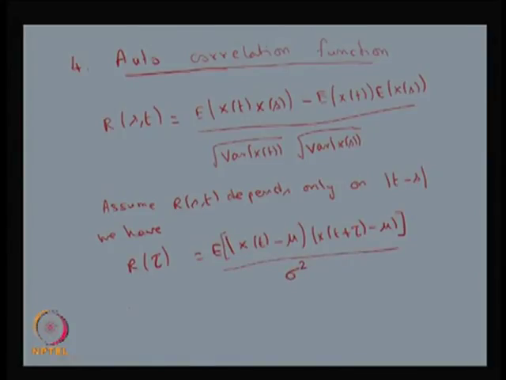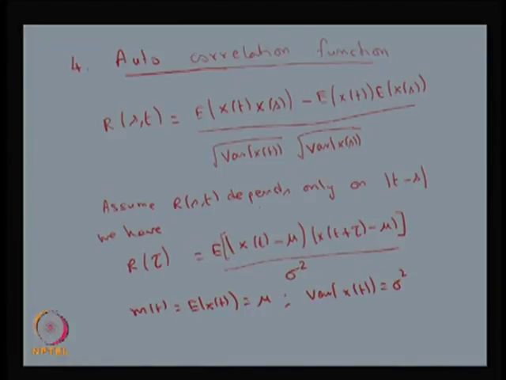So, here I have made one more assumption: m of t, that is the expectation of x of t, is going to be mu, and the variance of x of t is going to be sigma square. With that assumption, R of tau is going to be the expectation of this product divided by sigma square, where the variance of x of t is not a function of t, it is a constant, that is sigma square, and similarly the mean function expectation of x of t is going to be mu, that is also independent of t.